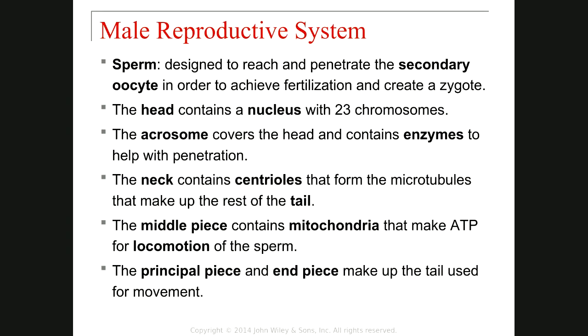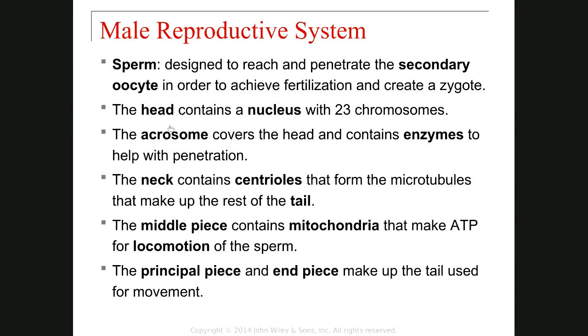The sperm is designed to reach and penetrate the secondary oocyte in the female reproductive system to do fertilization and make a zygote. For this penetration, it needs many enzymes, and I told you that the enzymes are located in the acrosome. The acrosome, which covers the head, contains enzymes to help this penetration.